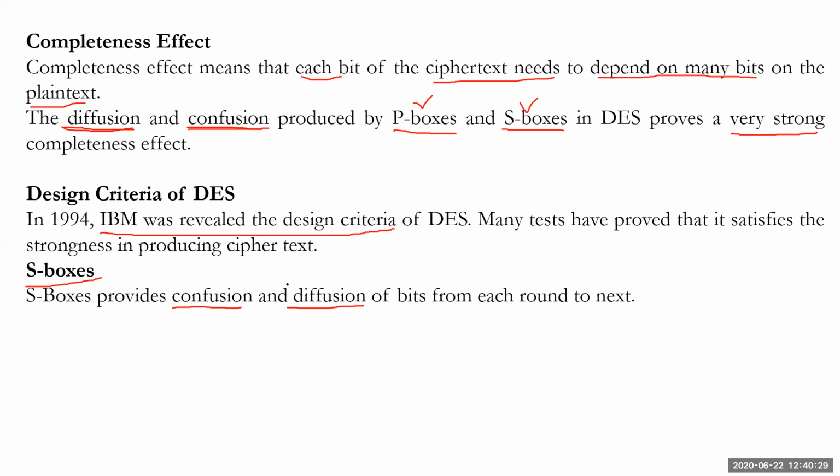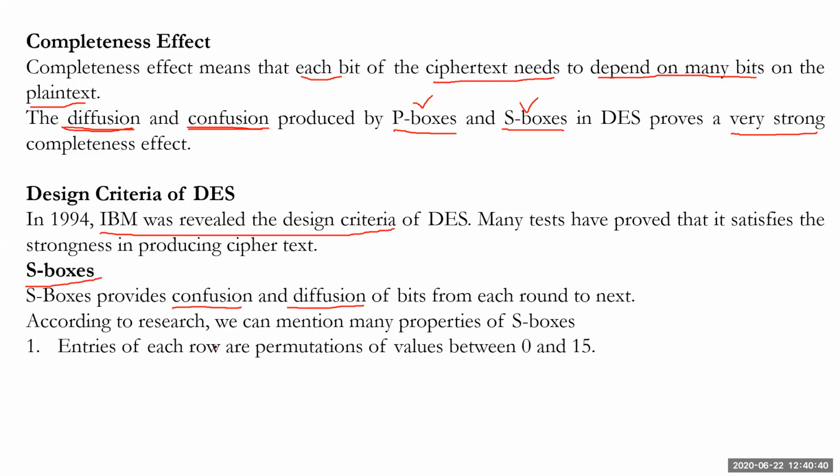So from the first round to the second, third, fourth round, and so on. According to the properties of these S boxes, we have proved that the entries of each row of the permutations range between 0 and 15. If you observe the S boxes, there are 8 S boxes. Every S box has four rows and 16 columns.